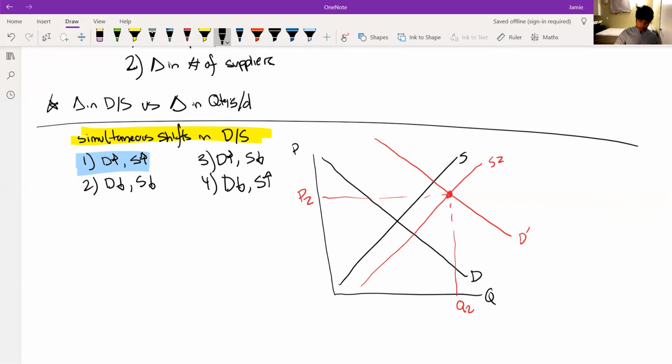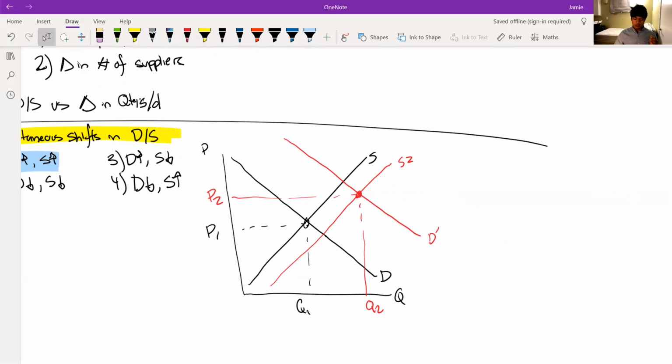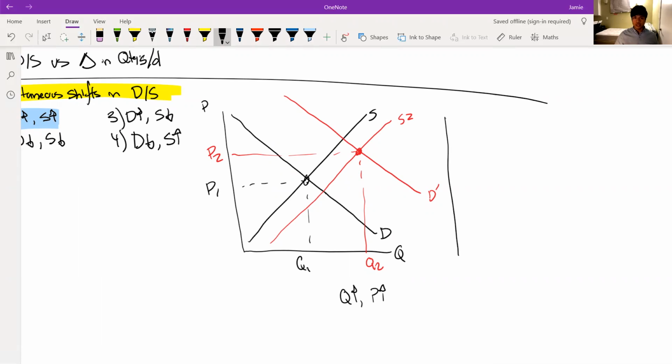Well, the new equilibrium price and the new equilibrium quantity are higher values, okay? So in conclusion, if there's a simultaneous shift in supply and demand to the right, quantity in that market increases, price in the market increases. However, it all depends on the magnitude of the curve's shifts.